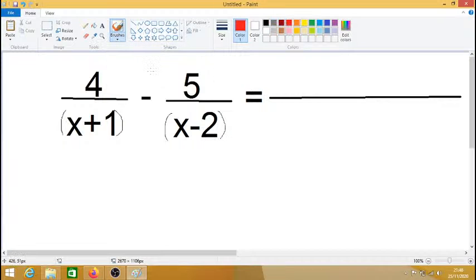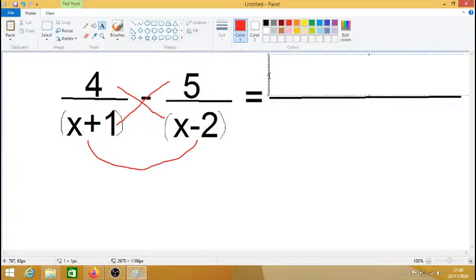And just before I start multiplying the x plus 1, to make it easier, just put it in brackets. The x minus 2, put that in brackets. And then comes the cross. Multiply the 4 with the x minus 2. Multiply the 5 with the x plus 1. And then the smile tells us to multiply the bottom two together. Let's do one of those three things first. So the 4 times the x minus 2.